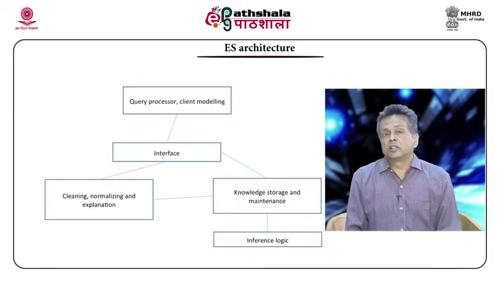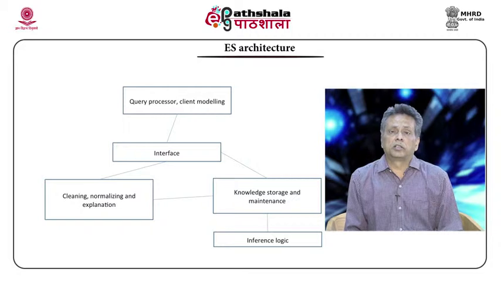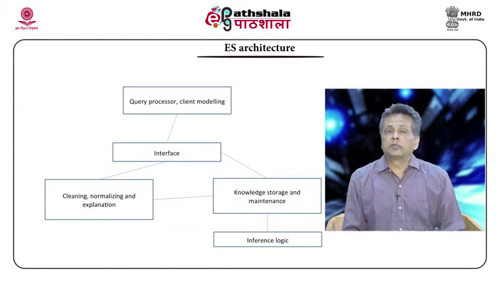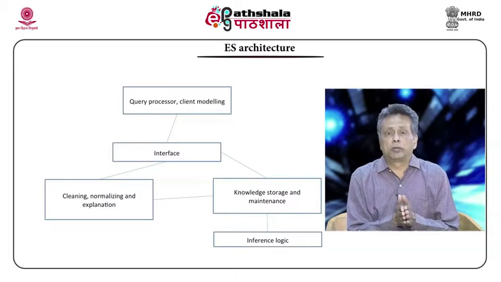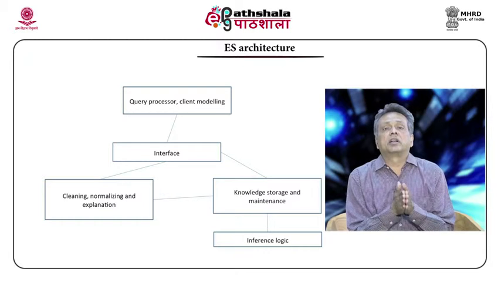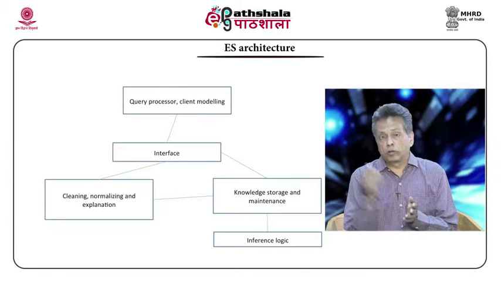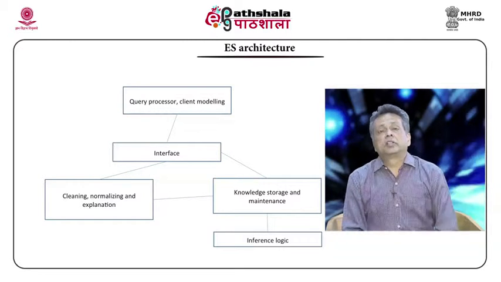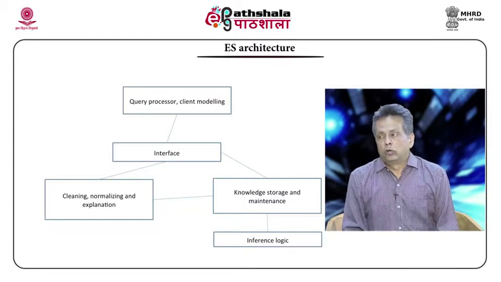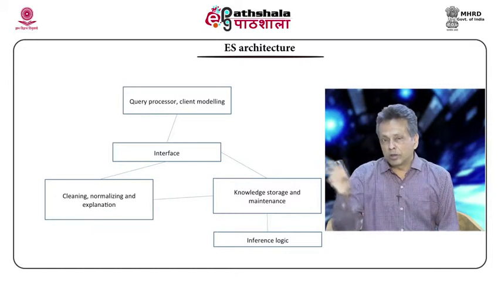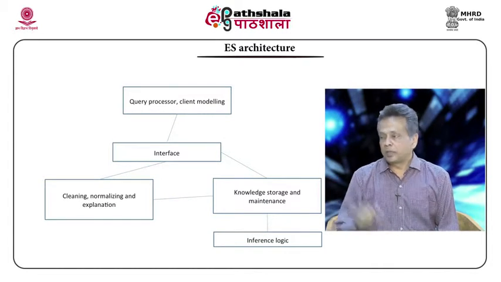The information coming into the knowledge base comes from various sources, and many times it requires cleansing, because the information is not coming directly. For example, it may come from a secondary source, not from the original source. Sometimes two different sets of information come in which are conflicting. So, that requires cleansing and normalizing, and the module which is there does that part.